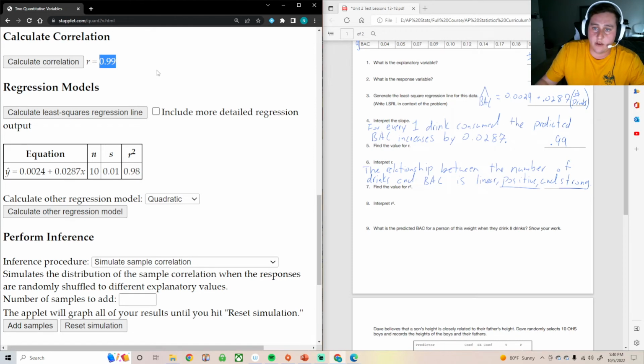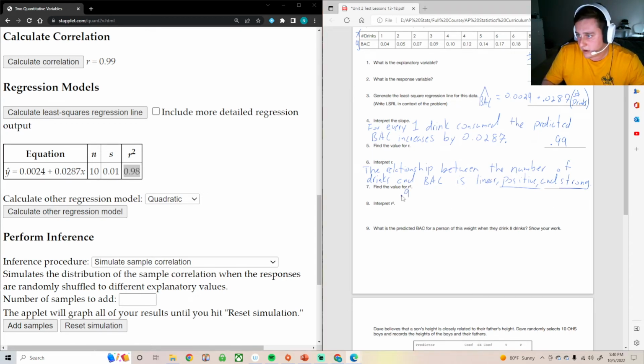You take the R value and you square it, which they also give you down here in the output. So that is also, I kind of wrote over it. So 0.98 is the value for R squared, from 0.99 squared.